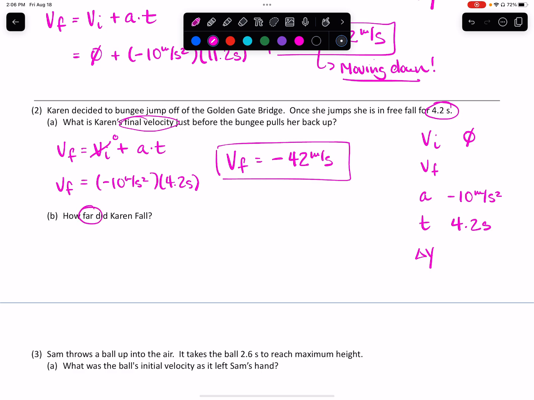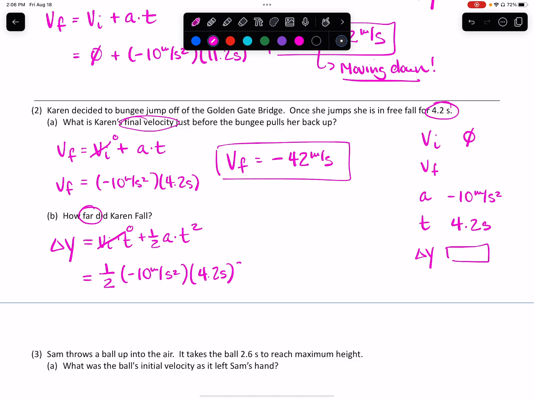Now how far? So now we want to find the delta y value here. That change in position is equal to V initial times time plus 1/2 a t squared. That V initial times time part's going to go away because V initial is 0. So we're left with 1/2 times negative 10 meters per second squared times our time, 4.2 seconds, squared.